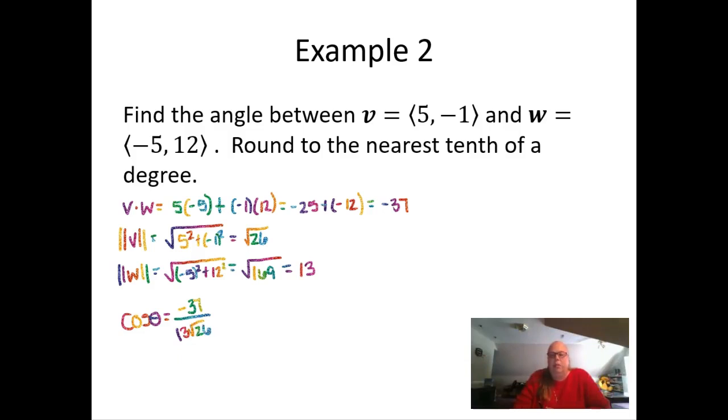Well, if the cosine is equal to that ratio, it must be true that the angle is equal to the inverse cosine of that ratio. And I'm going to put that in my handy dandy calculator. And this gives me 123.9 degrees.